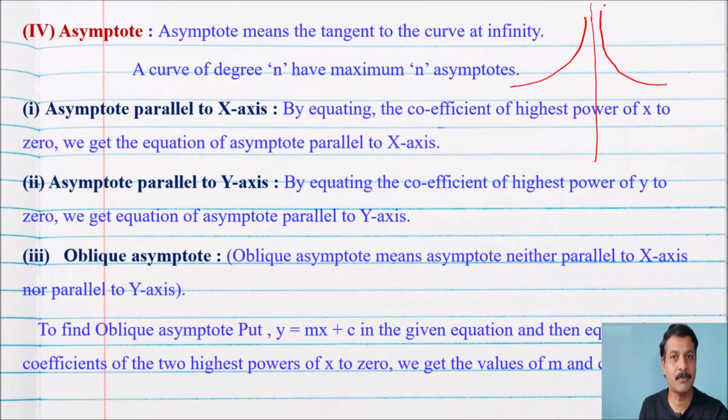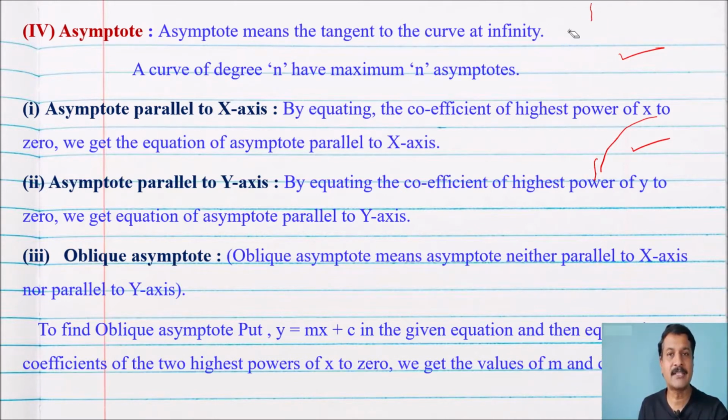The process will start maybe like this, all possible. That depends on the remaining points, where the curve exists, maybe this one, this one, this one, or maybe any two, or maybe all. But these are the possibilities.